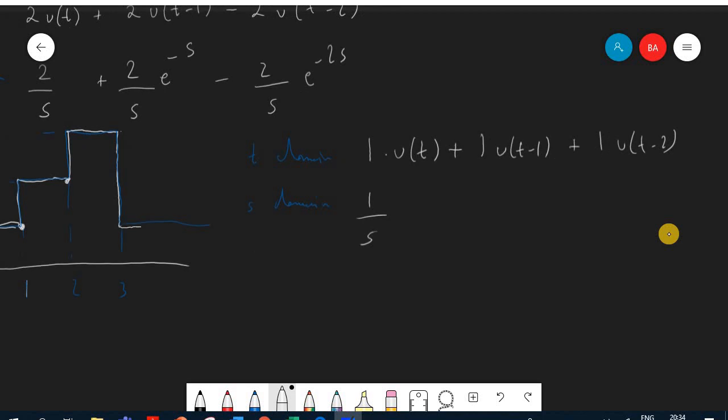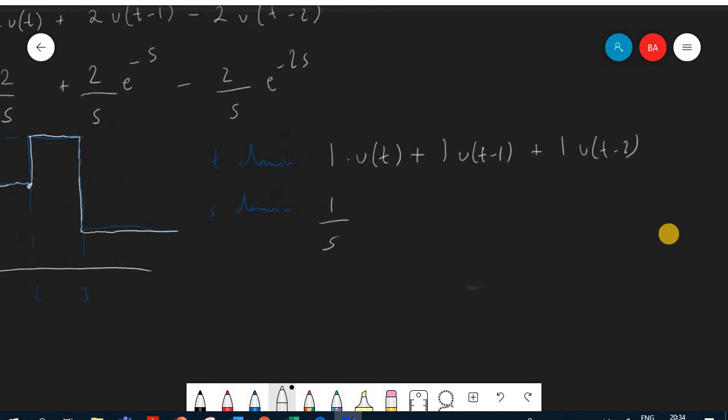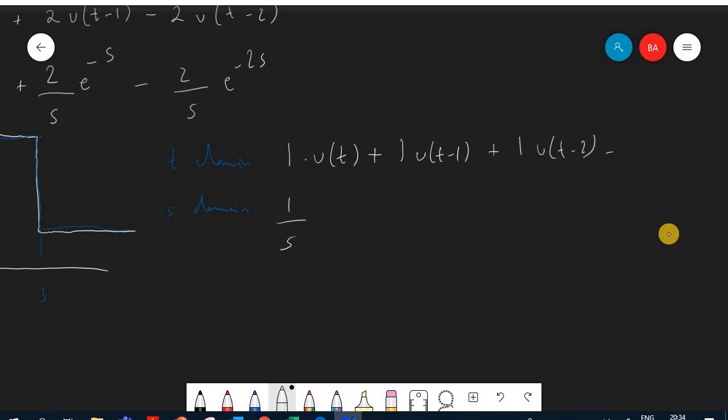So it's minus 2 and then nothing is happening. Okay, so this is minus 2 that happens at 3 seconds. If you can see, it happens here, it goes down, and then nothing is happening.